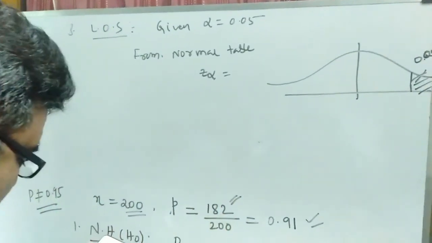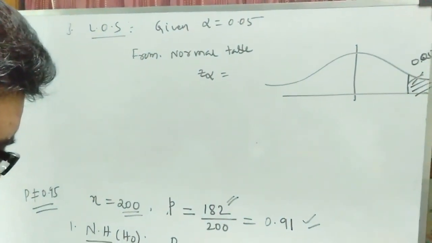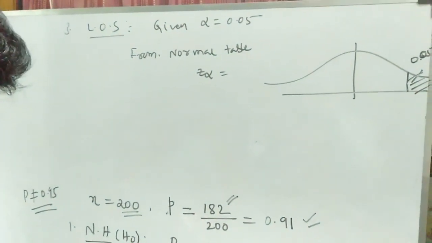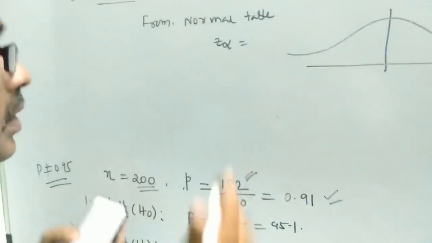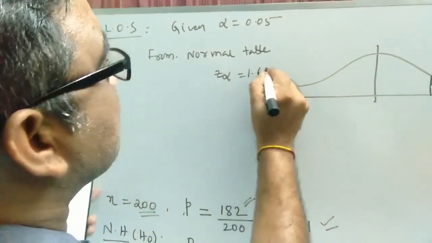And the Z alpha value, I can get from the tables. Just wait. Z alpha value is 1.65.